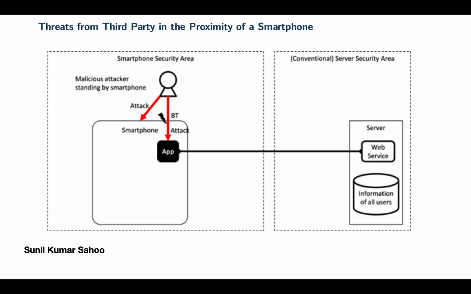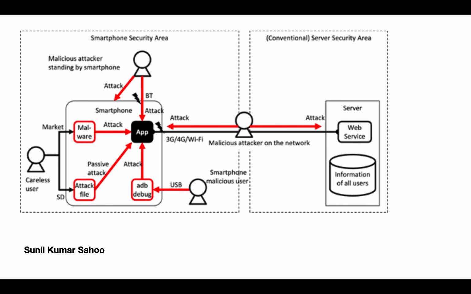That also can cause an attack or threat to our application. Overall, we can say all these attacks come under the smartphone security area. So this is the overall diagram.